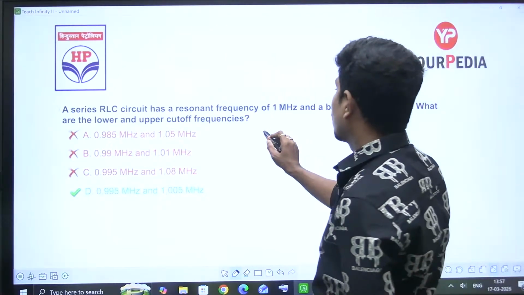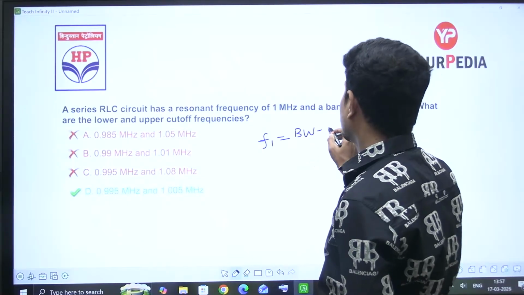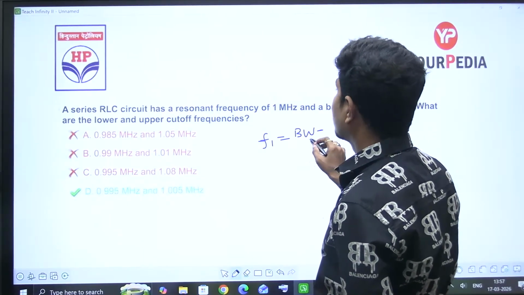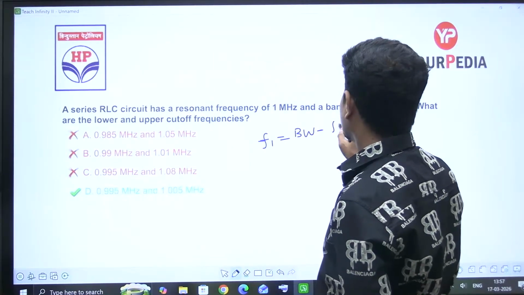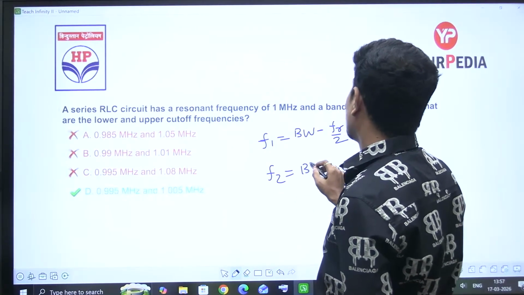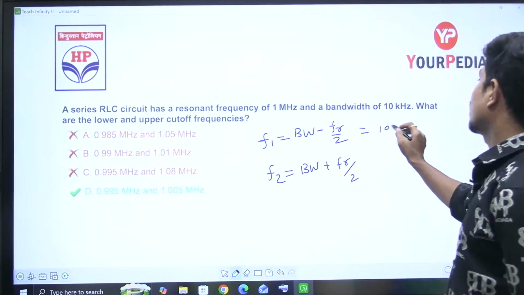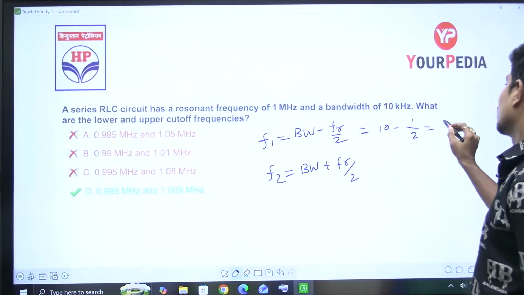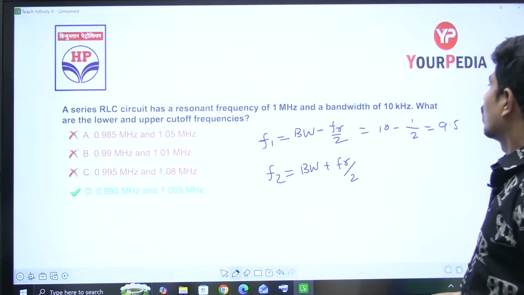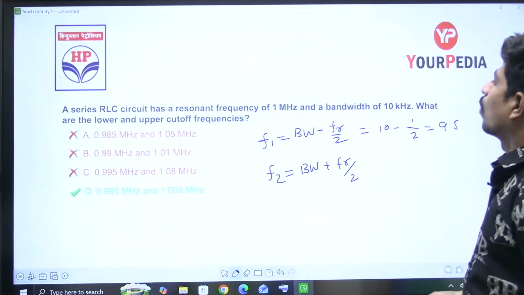Lower cutoff frequency F1 is equal to resonant frequency minus bandwidth by 2. Upper cutoff frequency F2 is equal to resonant frequency plus bandwidth by 2. This is 9.5.